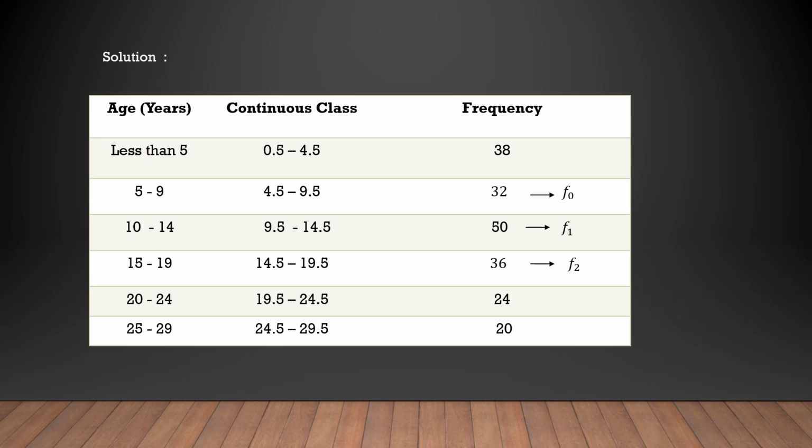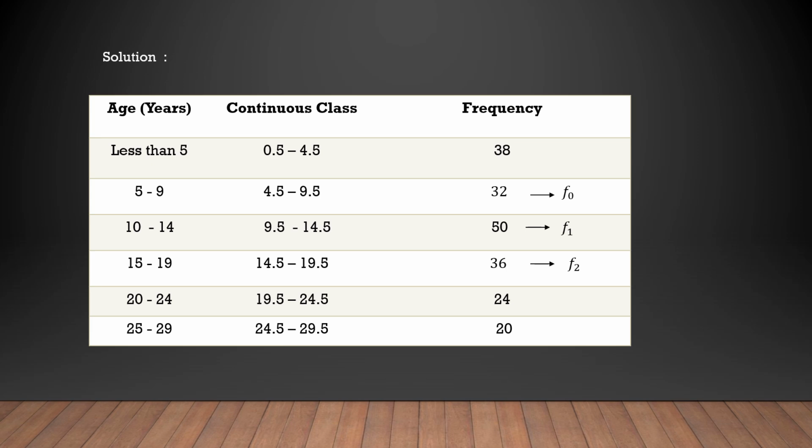Here we subtract 0.5, so the class starts from 9.5, and here we add 0.5, so 14.5. So the range is 9.5 to 14.5. Then we subtract 0.5 to get 14.5, and add 0.5 to get 19.5. So the range is 14.5 to 19.5.